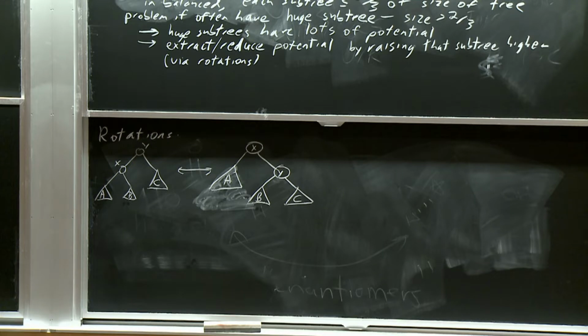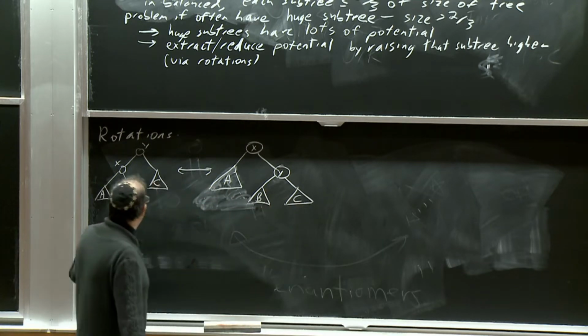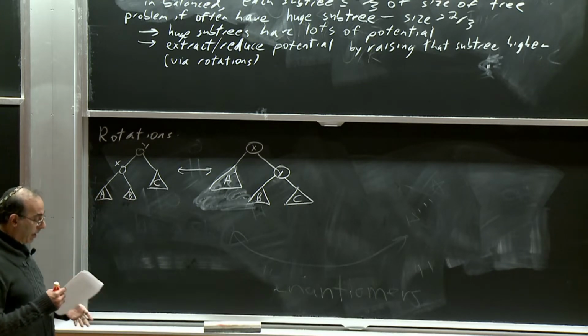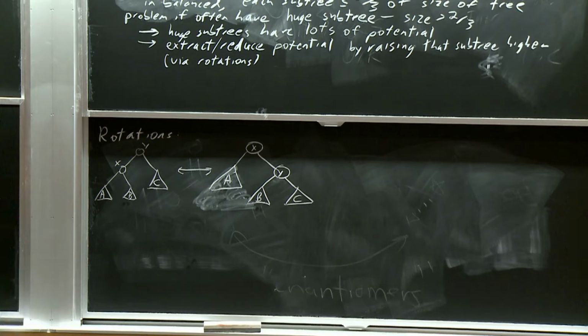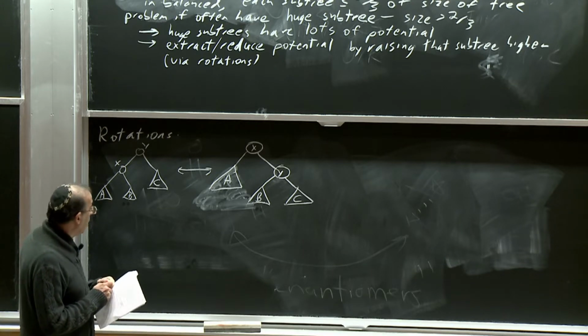Now A has to be compared against both B and C instead of only being compared against B in this other state. So this is the type of rotation that everybody was familiar with.